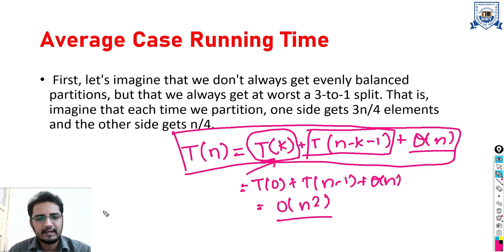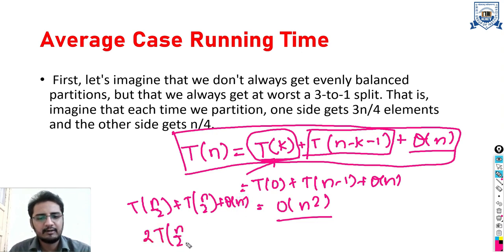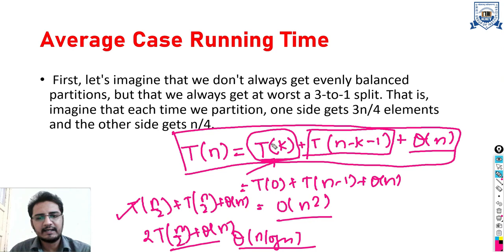And if you are getting a problem of half the size, that is T of n by 2 and T of n by 2 plus theta of n, so it becomes 2T of n by 2 plus theta of n, and the solution is theta of n log n, which is similar to a merge sort, and this is the best case complexity of a quicksort. Okay, now let's analyze, by varying this k, the average case complexity of a quicksort.